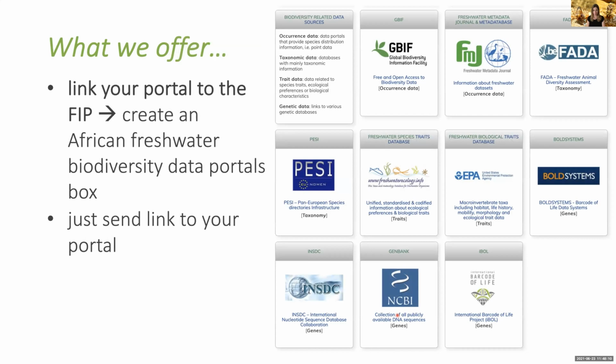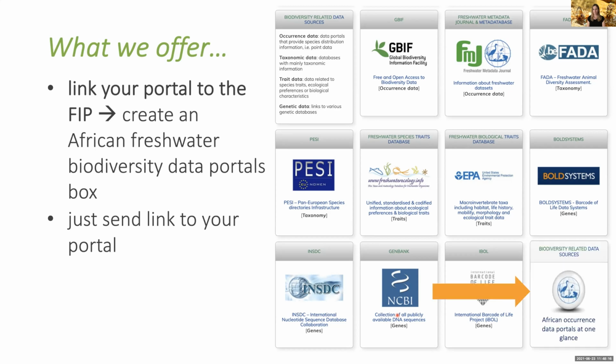What we can also offer is that we link your portal to the Freshwater Information Platform. For example, having a specific box for African occurrence data portals at one glance, where you can click on and then you will be linked to all your institutions and all your portals. What I would need for that is just a link to your specific portal.